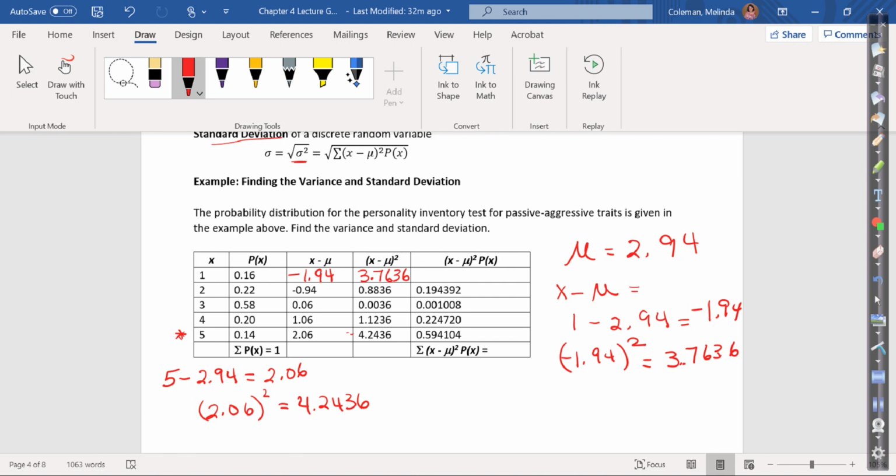Then the next thing we're going to do is take this 3.7636, that's this piece, and multiply it by the probability. So we're going to multiply that in this case by 0.16.